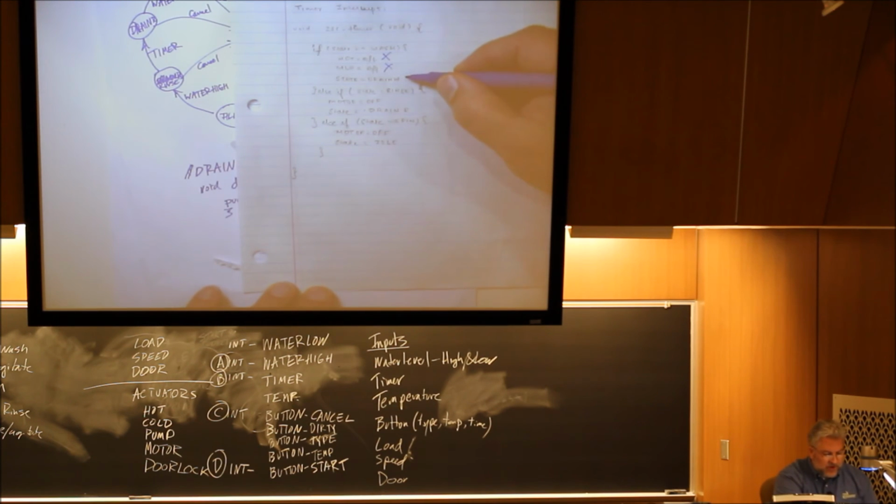State is equal to drain W. So where's the motor off here, right? State equal drain, idle, and then again, motor off. And well, since motor off is there, there, and there, I would have put it all up there, and again, the door lock, right?